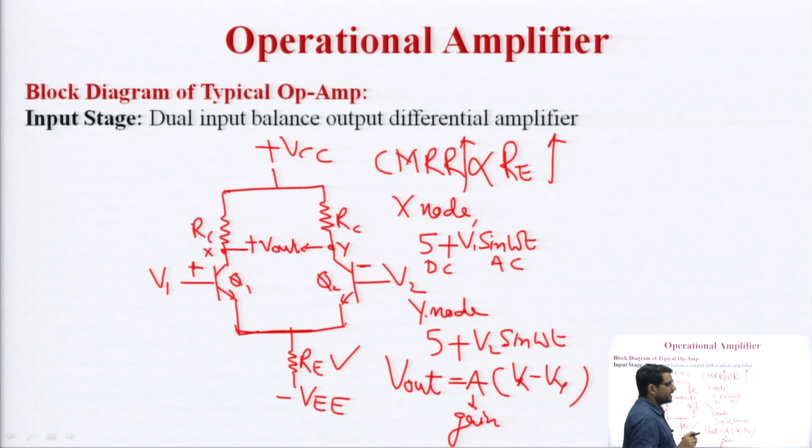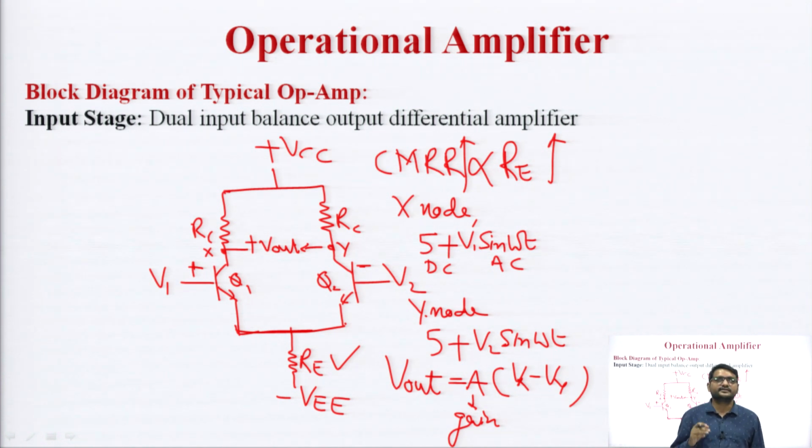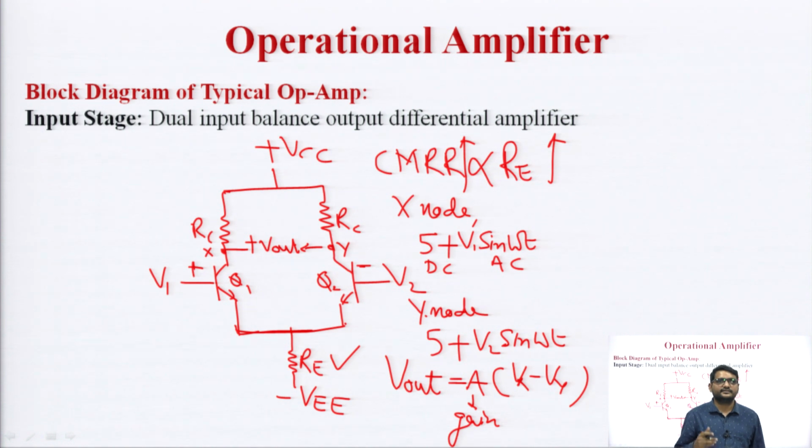If you consider the IC 741, we replace the collector resistance RC with an active load, that is, the current mirror, and we also replace the high value RE with a current mirror circuit, that is, a biasing circuit.